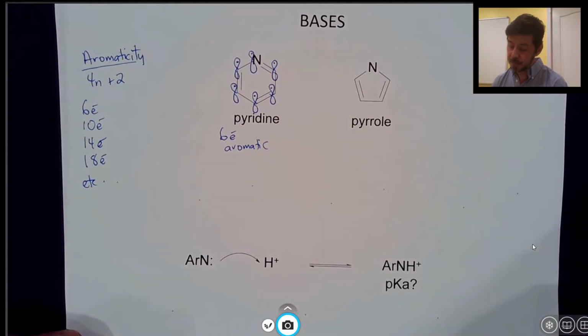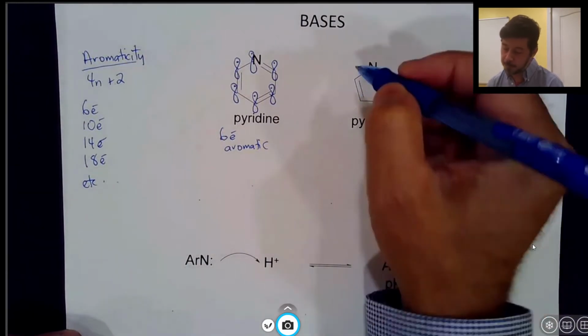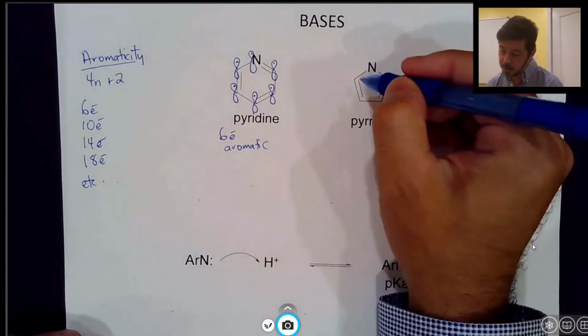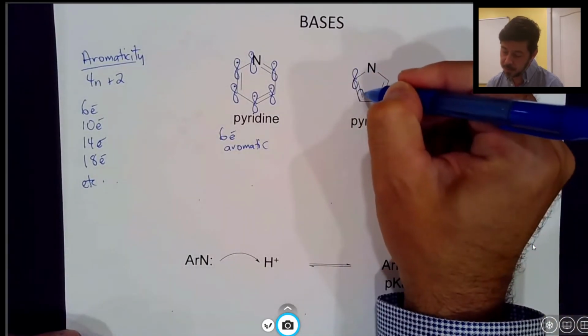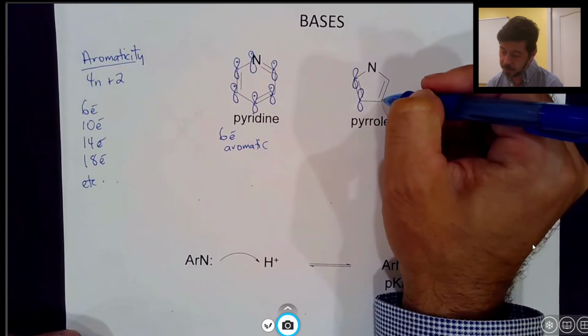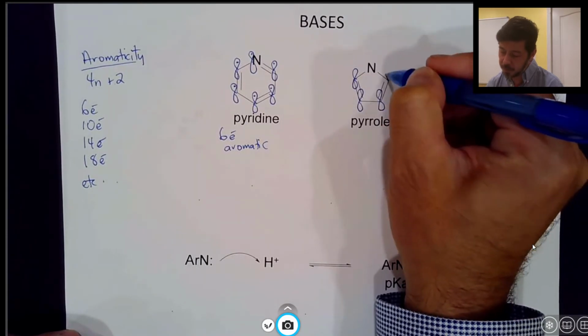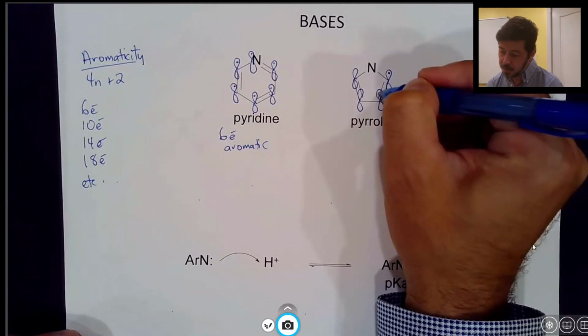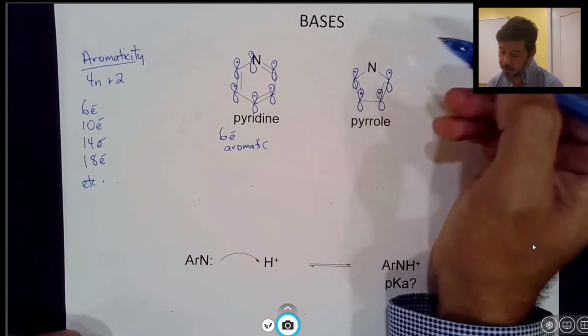Now, let's take a look at pyrrole. Pyrrole looks similar to pyridine, except it's missing a carbon. So let's look at the p orbitals and put the electrons. So you can see you have 2 pi bonds here, each sharing electrons.